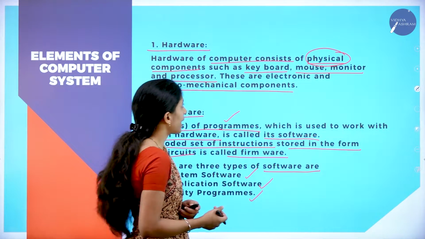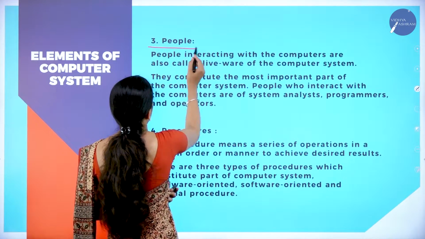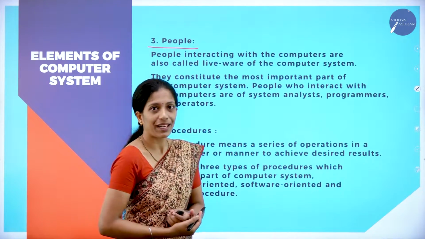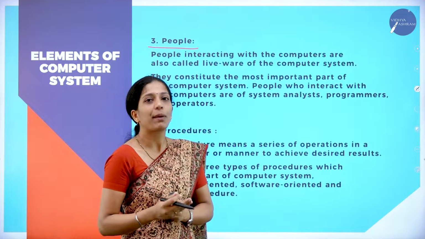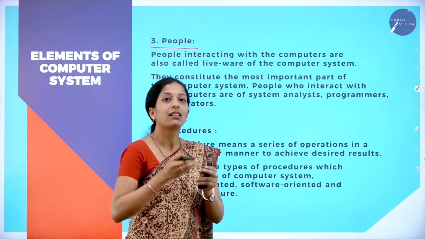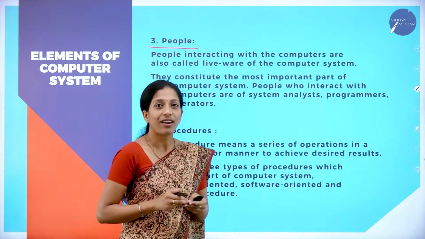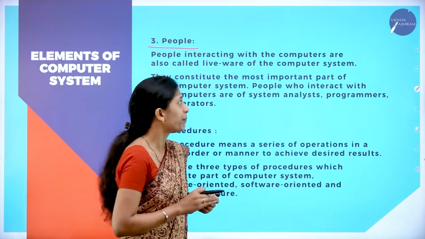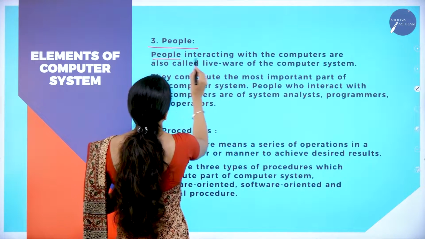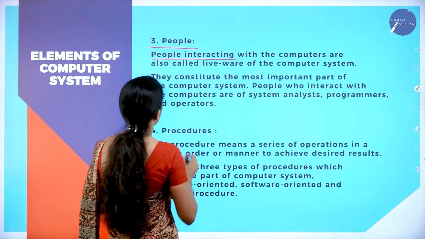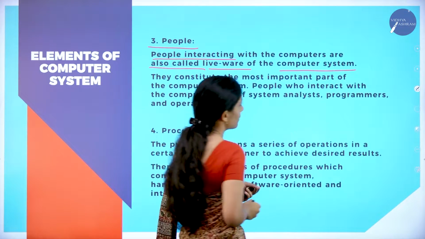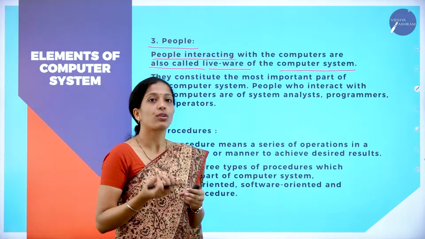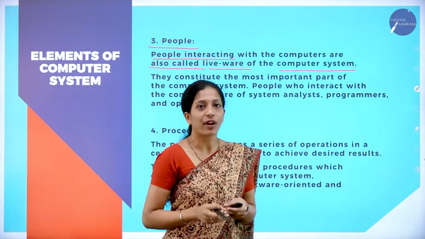Now coming to the next one, that is people. This is the third element of a computer system. What do we mean by people? People means the user. The user of the computer is called people. People interacting with the computer are also called the liveware of the computer system. Suppose I want to get some output from the computer.